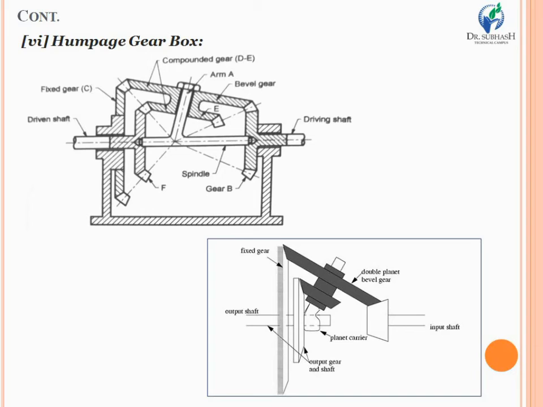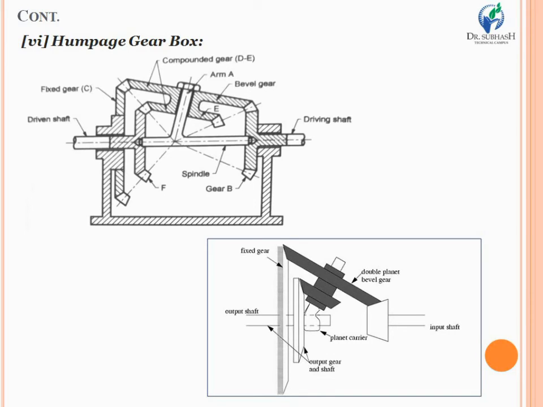This type of epicyclic gear train with bevel gears, or Humpage gearbox, finds its application generally in today's modern vehicles like automobiles. The Humpage speed reduction gear and differential gear of an automobile are generally in demand for the modern technology of vehicles. So look at the screen. In the Humpage gear, the driving shaft and driven shaft are coaxial, whereas the gear B is keyed to the driving shaft, whereas the gear F is mounted to the driven shaft.